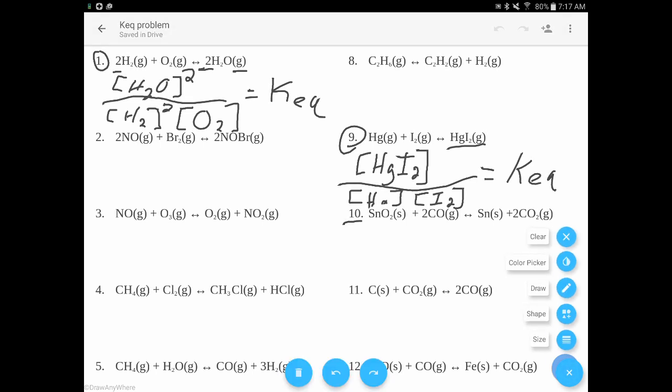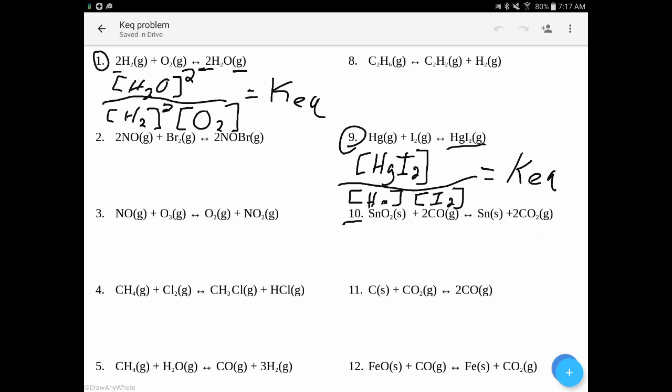Okay, there we go. All right, so we have products over reactants again. So our products are Sn and CO2. Problem is Sn is a solid, so we just pretend it's not there when we're doing the equilibrium expression.